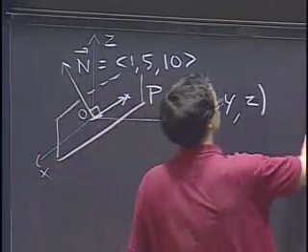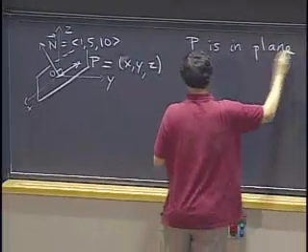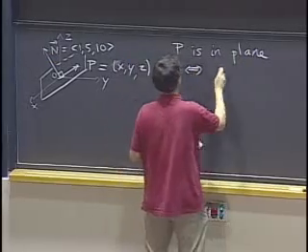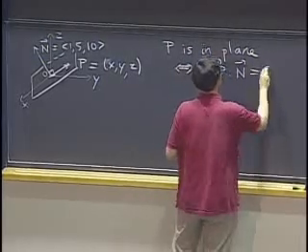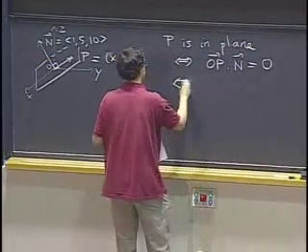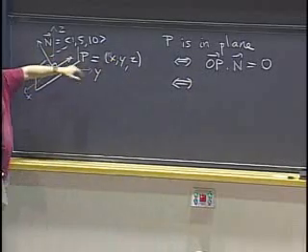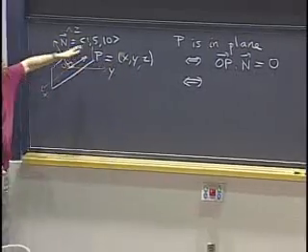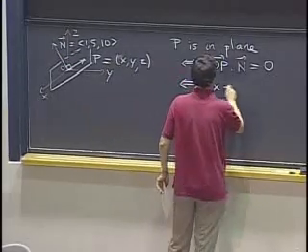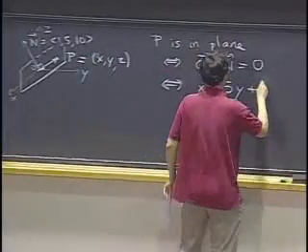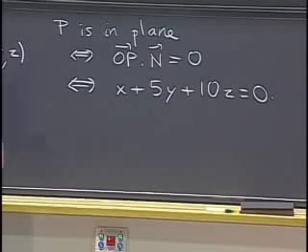So P is in the plane whenever OP dot n is 0. And if we write that explicitly, vector OP has components x, y, z, and n has components 1, 5, 10. So that will give us x plus 5y plus 10z equals 0. Okay, that's the equation of our plane.